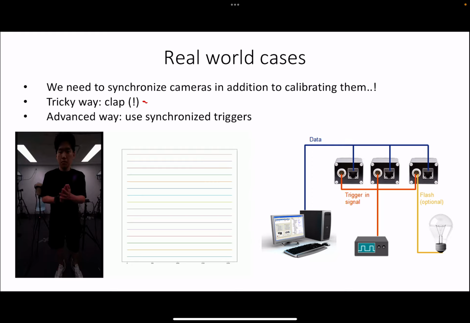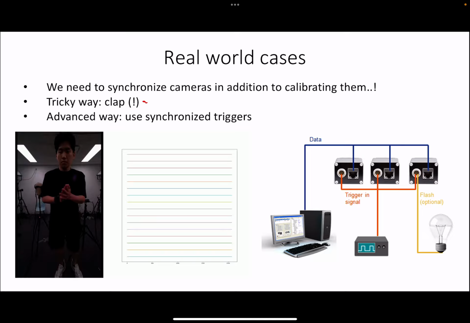Let's say we have a microphone and multiple cameras. Then we clap, and there's a strong spike in the audio signal, and in all cameras we can see me clapping, so that we can synchronize all the cameras. We do not even need the microphone. If we have multiple cameras and we clap, all the cameras can see me clapping at the same time, so we can synchronize them.